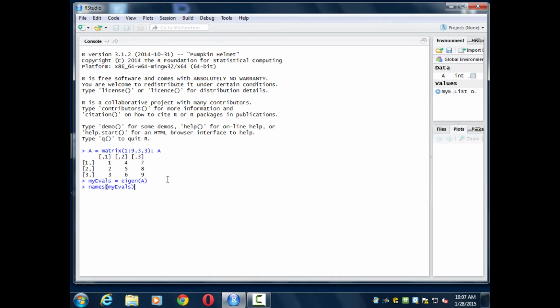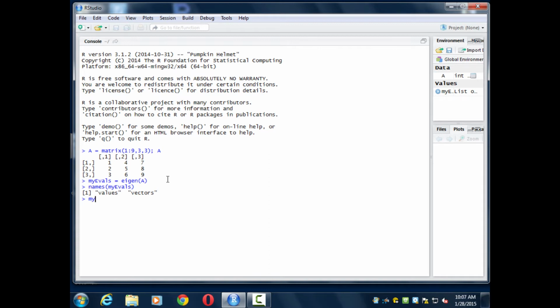I can use the command names. Names is basically an interrogation of what are you holding. Names gives me back that variable my evals has an attribute called values and another attribute called vectors. I can access that information by using the dollar sign.